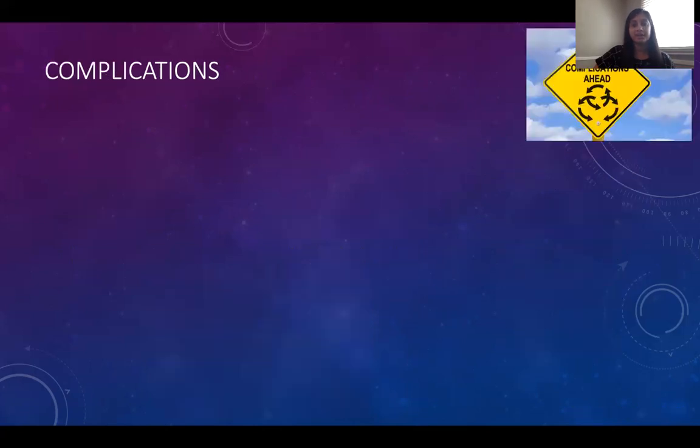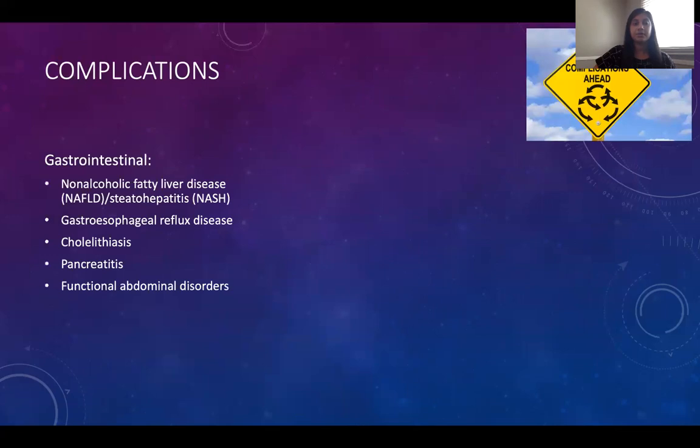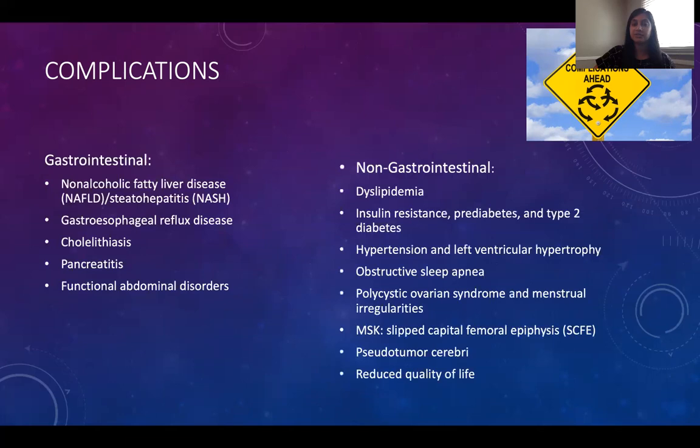So what about your complications? Now we know that there's a long list of complications that come from obesity, so I divided it into GI and non-GI complications. For your GI complications, you have, of course, your non-alcoholic fatty liver disease or steatohepatitis or NASH. Your patients who have obesity can have a higher risk for gastroesophageal reflux disease, cholelithiasis or gallstones, pancreatitis, and functional abdominal disorders.